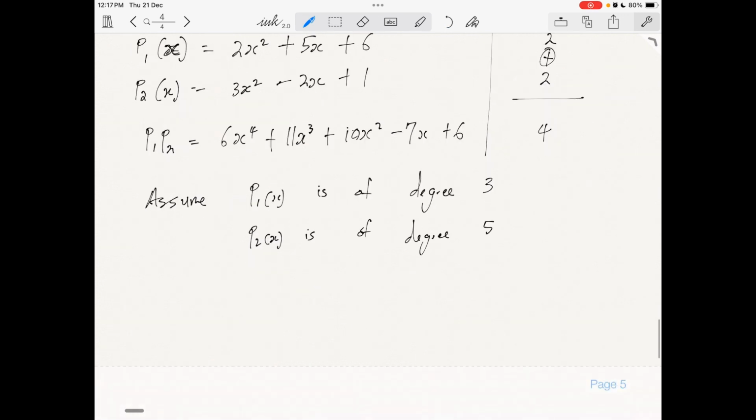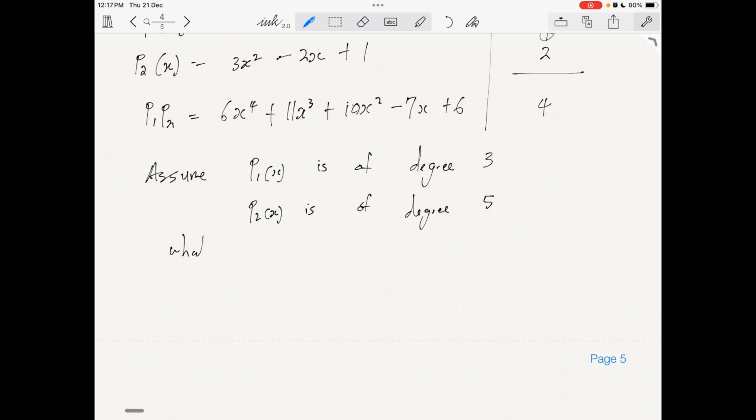Now what is the degree of p1 p2 of x? Definitely the degree of p1 p2 will be 3 plus 5, and this will give us 8. All right, so that will be for the multiplication of polynomials.